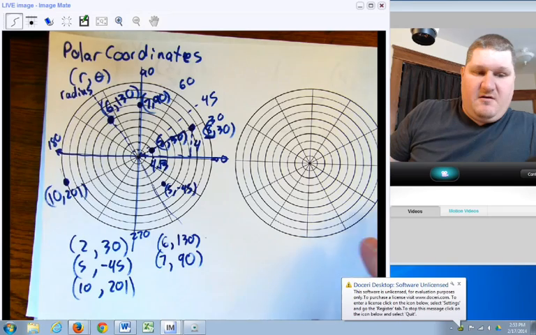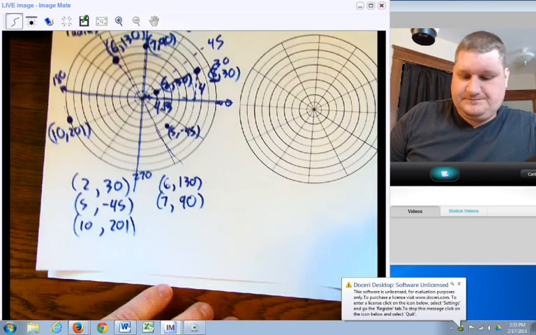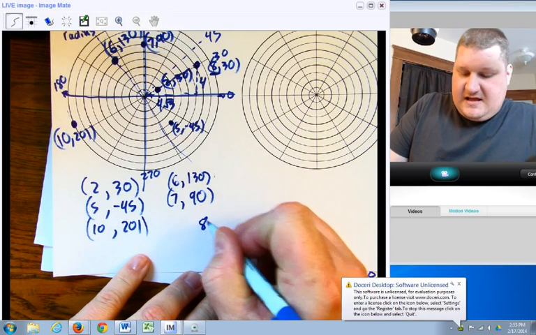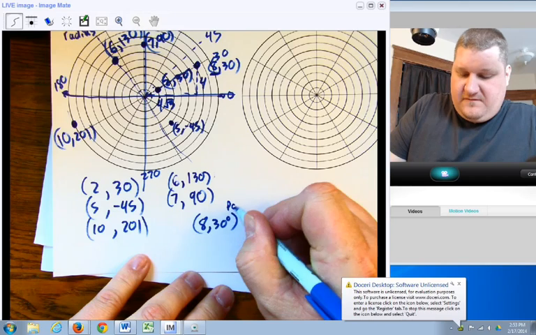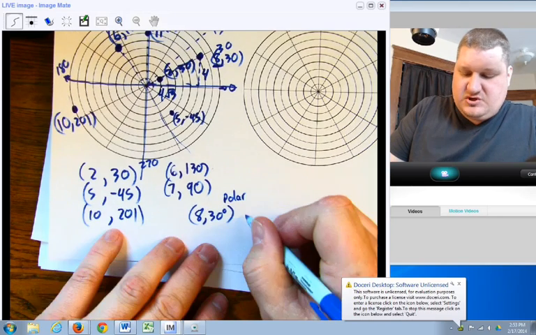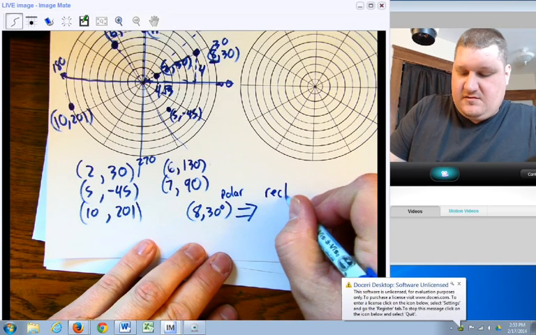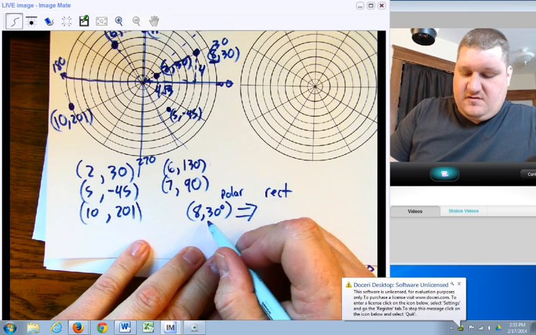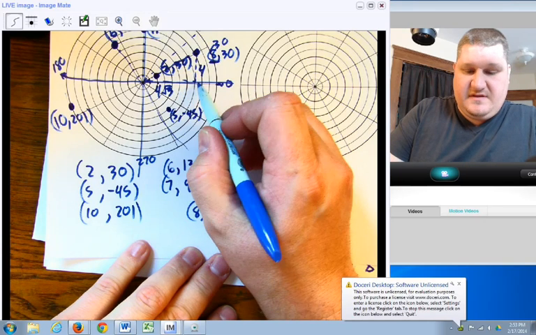So now I start to get the idea that if I have 8 comma 30 degrees in polar form, I should be able to convert it over to rectangular form. Now, rectangular form, I simply find the x component and the y component.